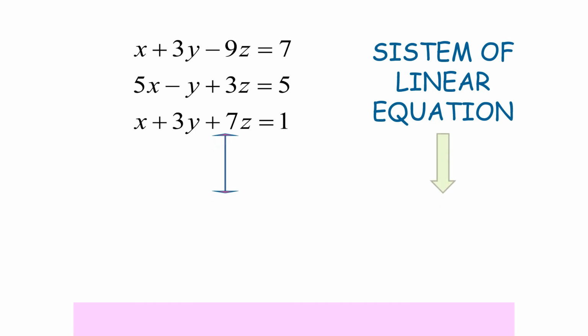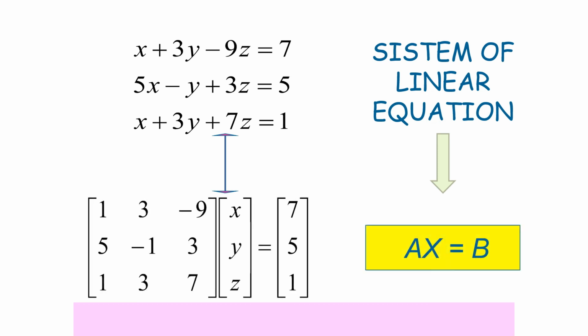First, change the system of linear equations into the form AX equals B, matrix A multiplied by matrix X equals matrix B. Then change AX equals B into the form X equals the inverse matrix of A multiplied by B. This has already been proven before, so please check it out.